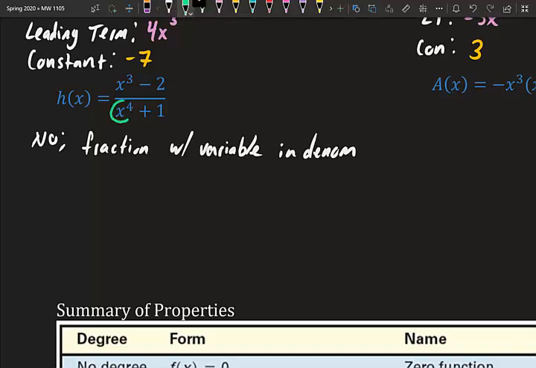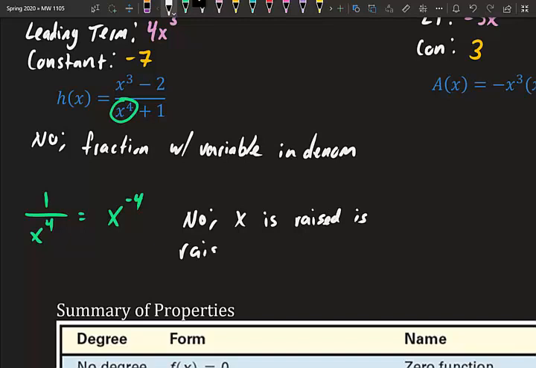So I'm going to bring that variable in the denominator out. If we bring it out by itself, it's 1 over x to the fourth. Remember, that's x to the negative fourth. That is not a polynomial, because a polynomial needs the exponent to be a whole number greater than 0. So the real reason is no, because x is raised to the power of negative 4.